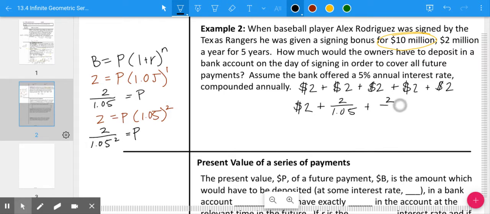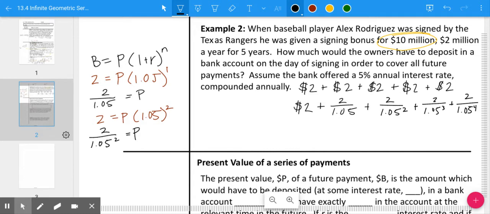And this pattern's going to continue. To see how much I need to pay him in 3 years, it'll be 2 over 1.05 cubed. And to see how much I need to pay him in 4 years, it'll be 2 over 1.05 to the 4th. So those values represent each of the individual payments that I need to give him.